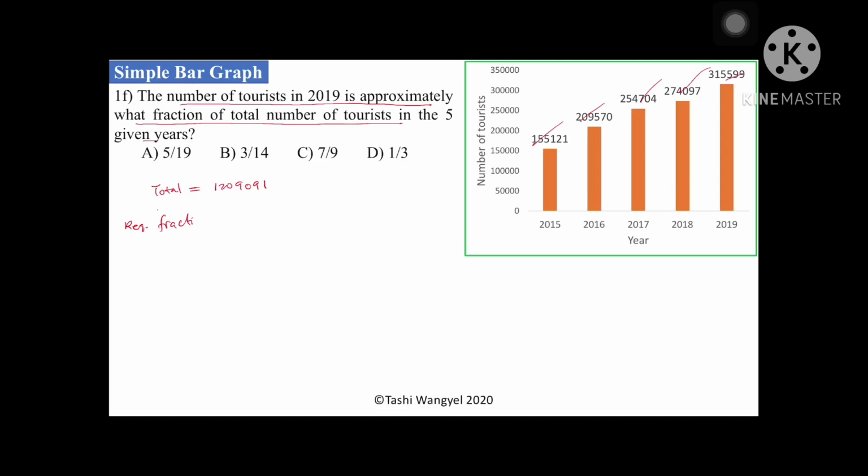So the required fraction is the number of tourists in 2019 over the total number of tourists.